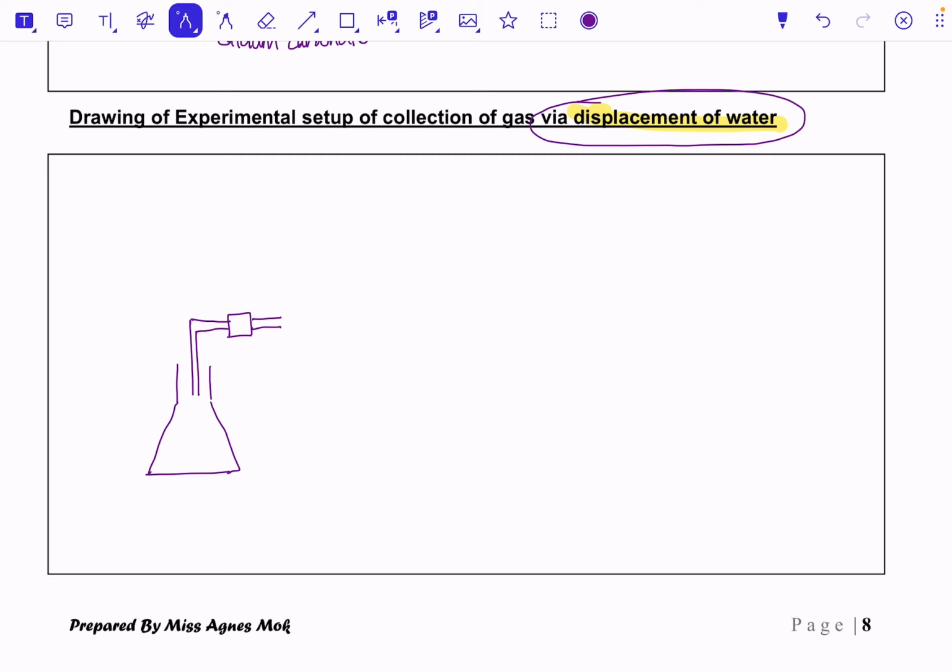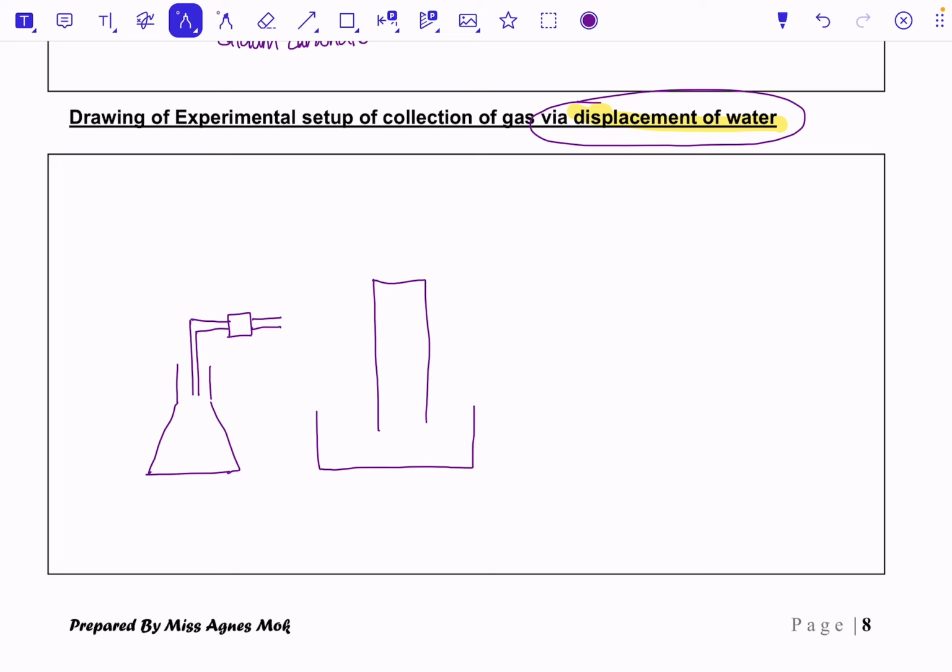Before you start drawing anything here, you should draw the displacement of water portion. My suggestion is you can start by drawing a large trough of water here. Then after that you have a container.